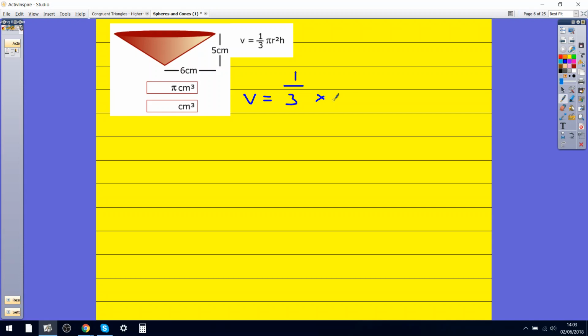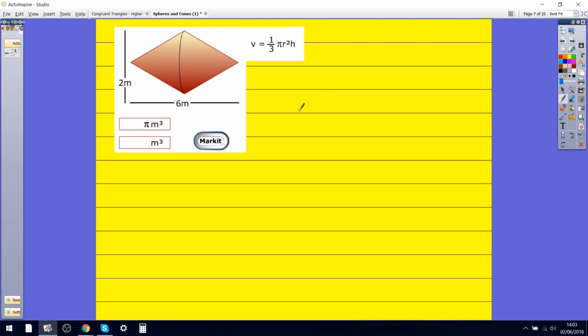Okay, total volume here. So it wants the total volume, the like red volume.